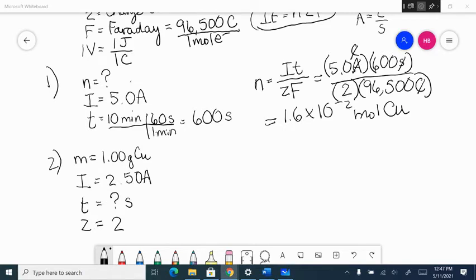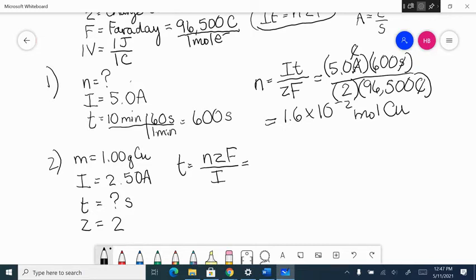So this time I'm going to rearrange my equation to solve for time. So that will be T is equal to the number of moles of copper times the charge times Faraday's constant over I. So again, 1 gram, we'll change that to moles by dividing by the molar mass of copper, which is 63.5.